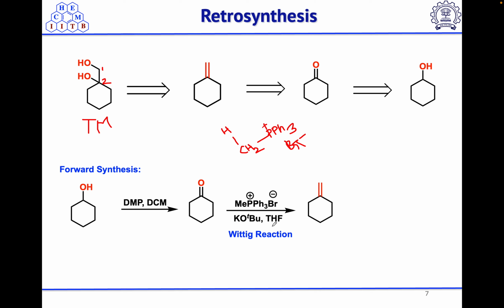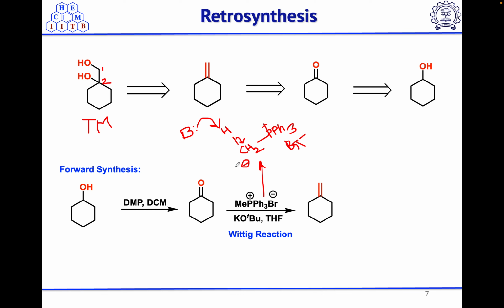We are using THF, tetrahydrofuran, as solvent, and potassium tertiary butoxide. The pKa of potassium tertiary butoxide is around 17, I guess. So what will happen? This butoxide will abstract this proton, and you will get this ylide, the CH2 minus. So we generated the Wittig ylide from the Wittig salt here.